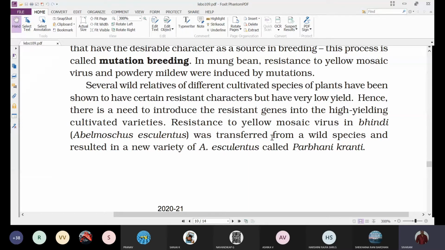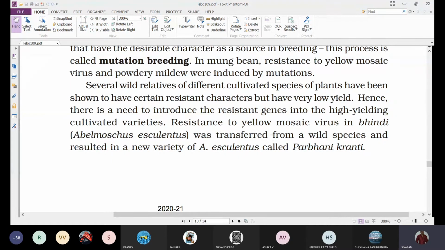Hence there is a need to introduce the resistant genes into the high yielding cultivated varieties.